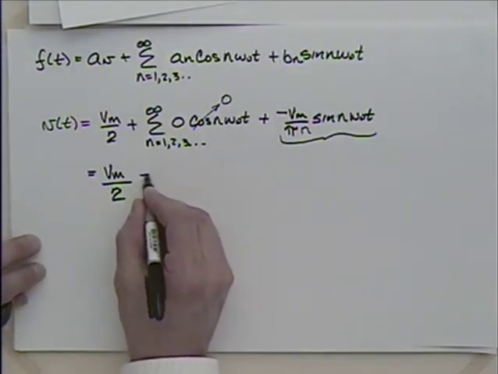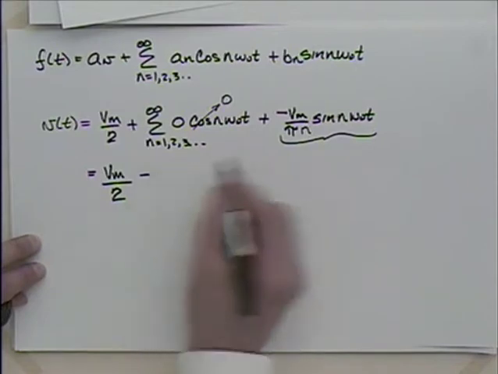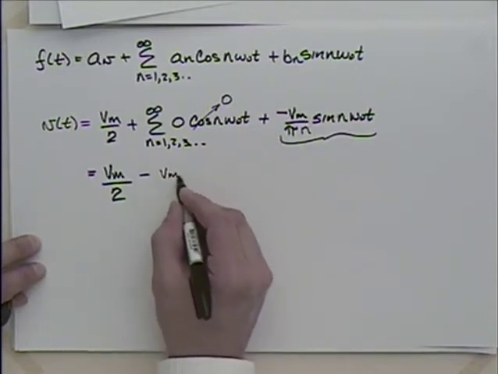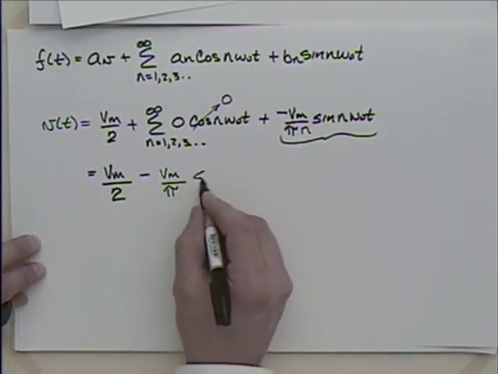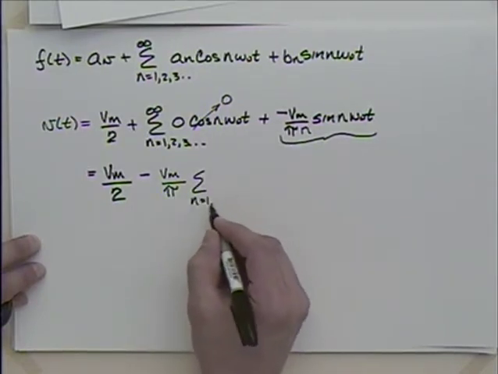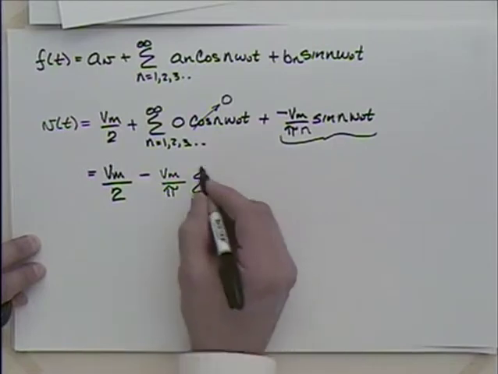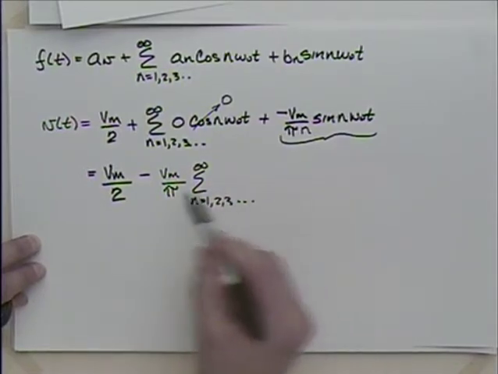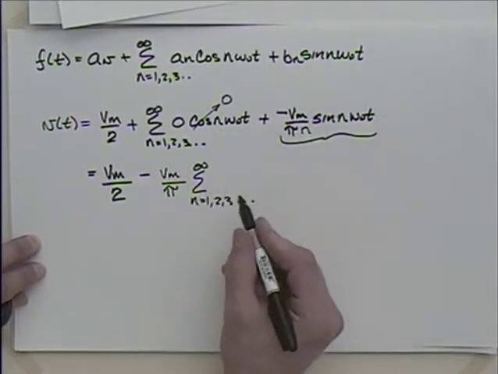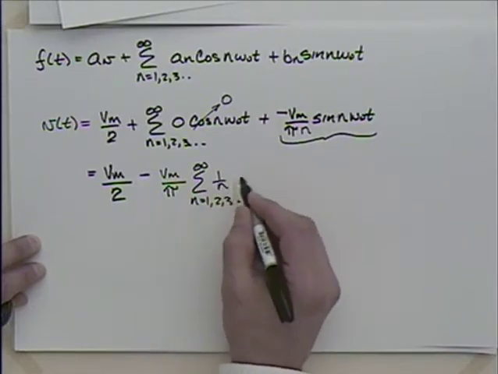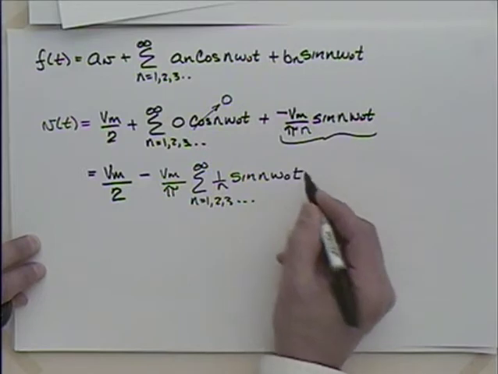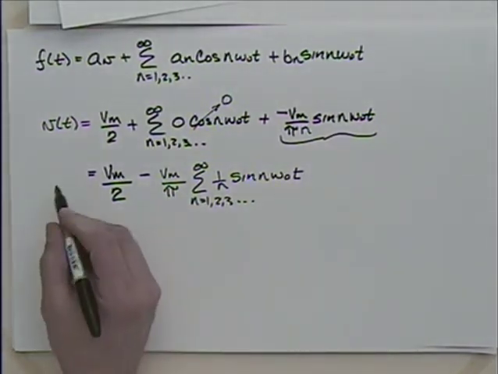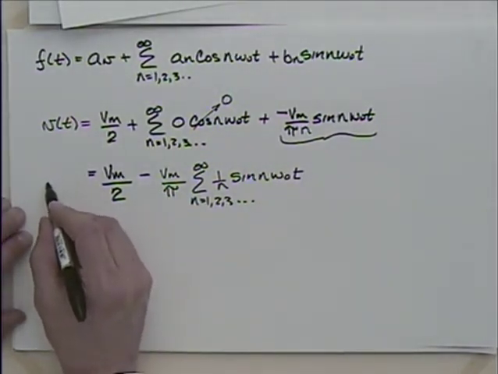So I'll have minus, I can take out a Vm, and then pi. And we're going to sum up from n equals 1, 2, 3, up to infinity. What do we have left? We took out the Vm and the pi. So I'll have 1 over n times the sine of n omega naught t. Okay, and that would be an exact answer.